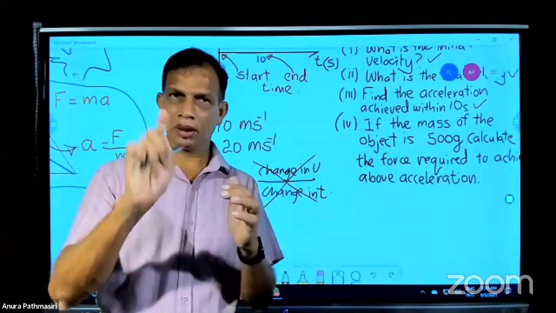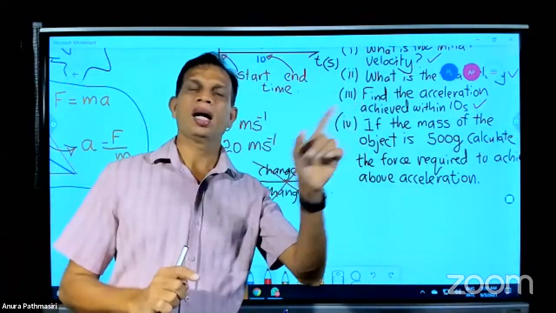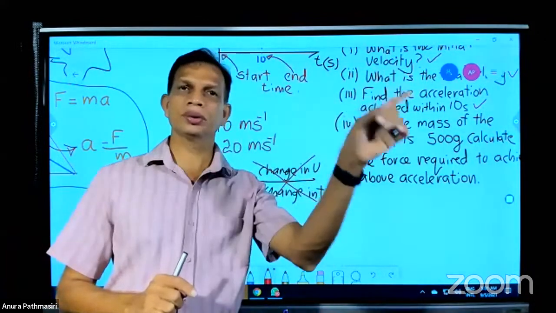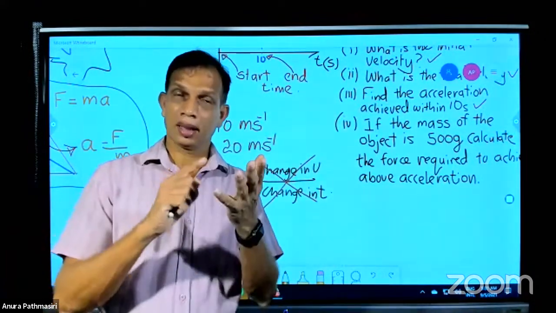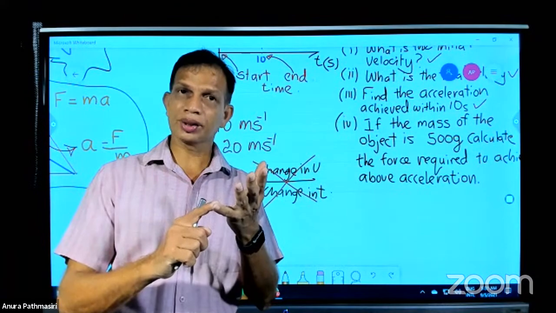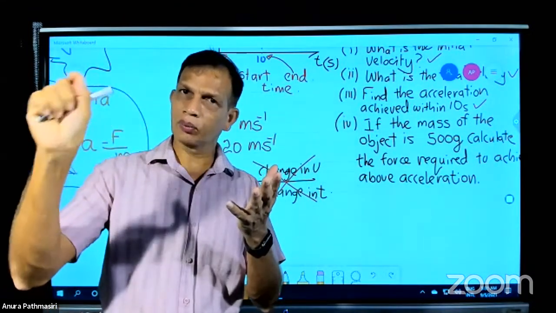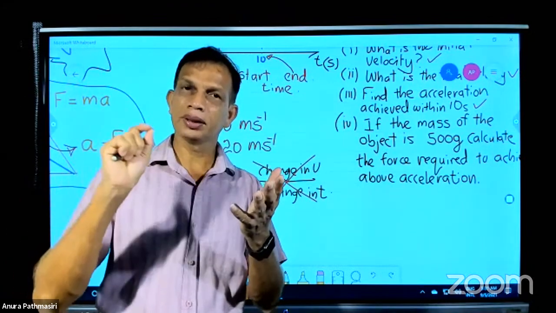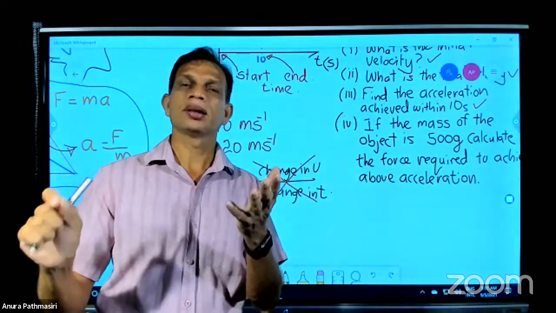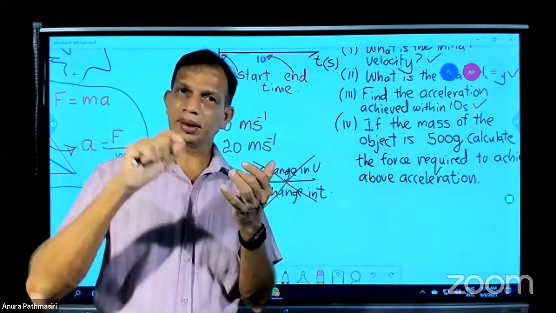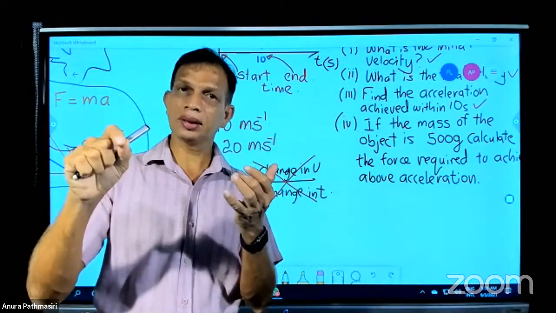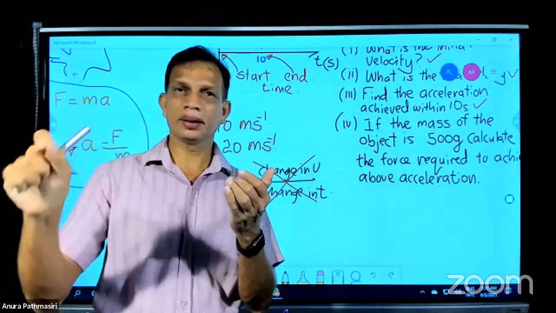No, there you have to refer to the graph. How are you going to apply your knowledge to the graph? You can say acceleration equal to change in y divided by change in x, because acceleration is taken by the gradient.